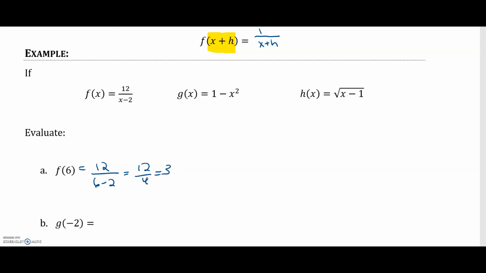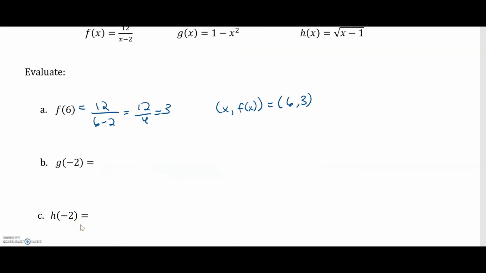Therefore, our function f of x evaluated at 6 is equal to 3. Written as an ordered pair, we could write this as x, so our input and our output, is equal to 6, 3. Writing the ordered pair was not necessary here. I was simply wanting to point out how it would line up with a graphical representation of this function.